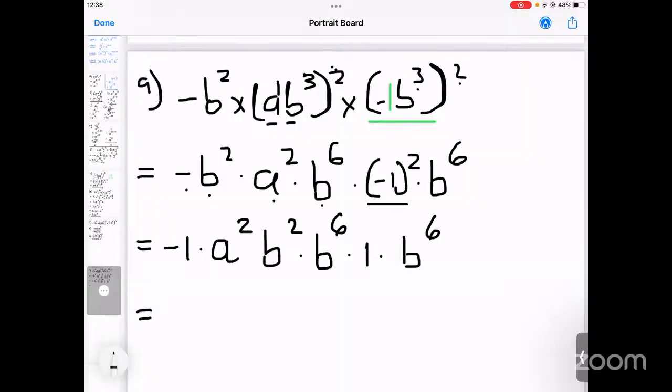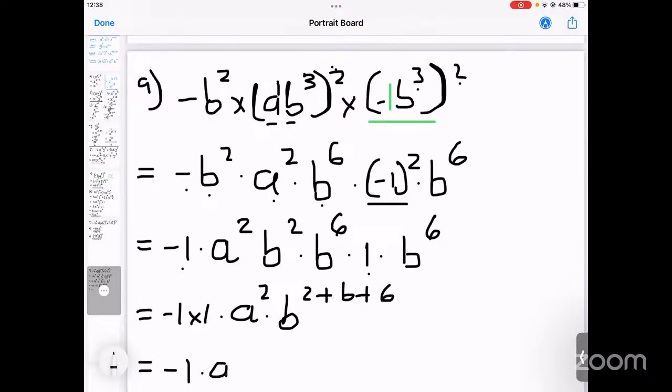So you have this one multiplying that negative, what is it? -1 times 1. And then you have your a squared, and then you have your b. This is therefore 2 that you plus by 6, you plus it by another 6. Gives you -1 a squared b to the 14.